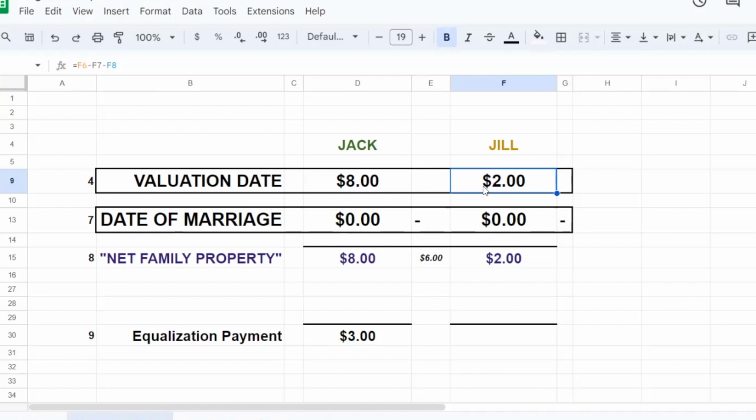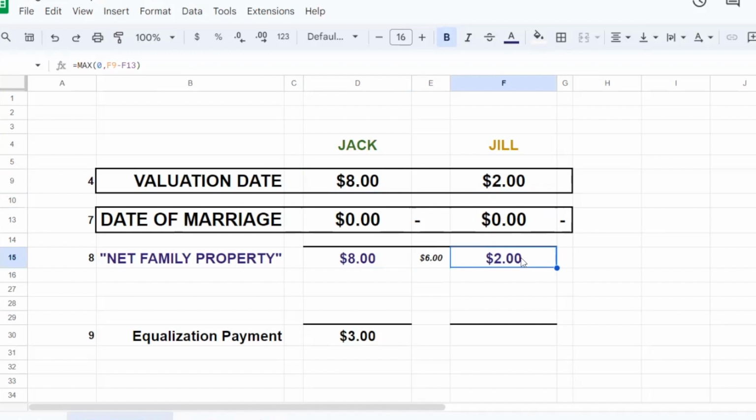In the scenario, neither Jack nor Jill have any assets or net worth when they came into the marriage. Therefore, if Jack is worth 8, 8 minus 0 is still 8. And Jill, 2 minus 0 is still 2.